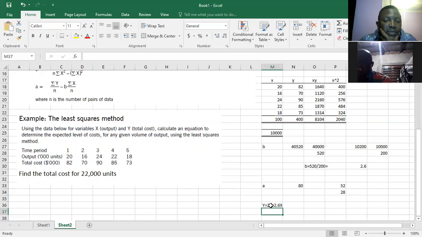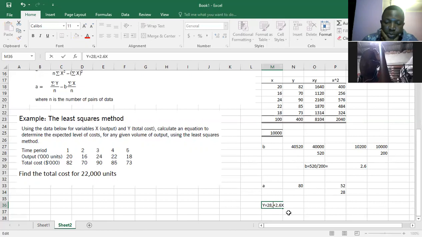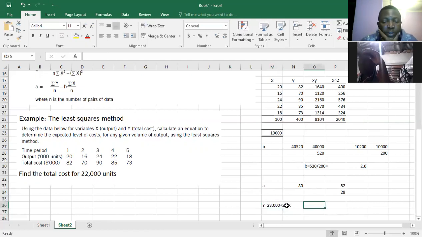If you just say 28, you miss something because we are not using the 3 zeros here. So this is actually supposed to be 28,000. Watch out. This one won't change.